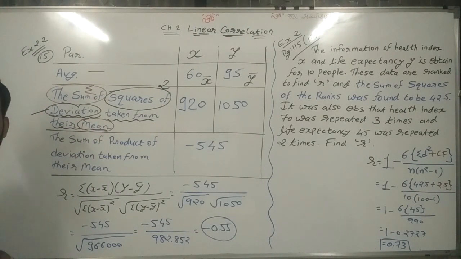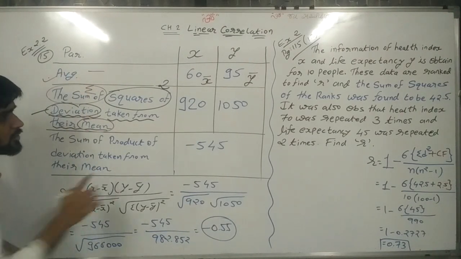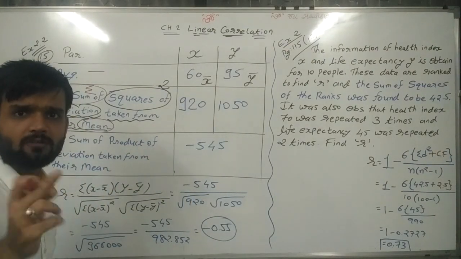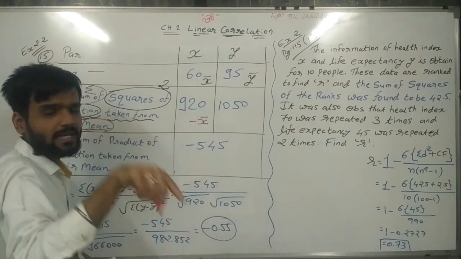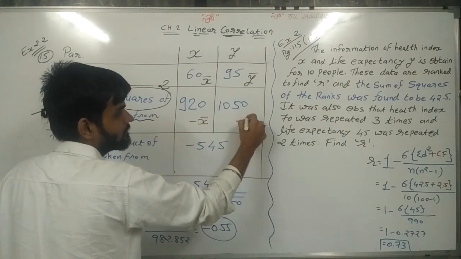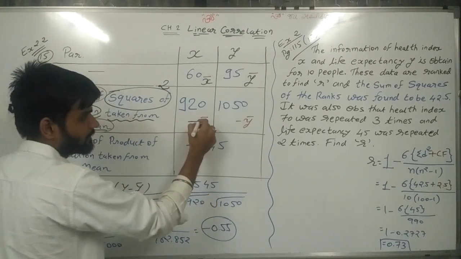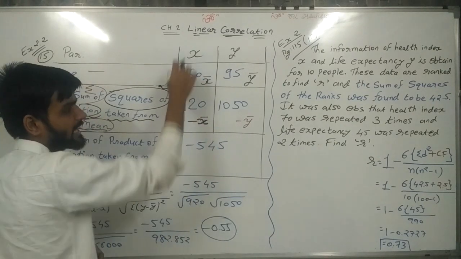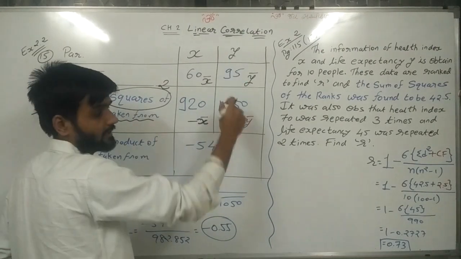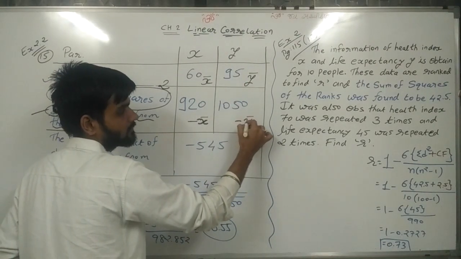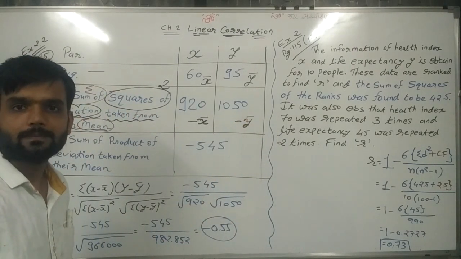Mean means average. So here 2 are given. So deviations taken from the means: deviation taken from x bar as well as deviation taken from y bar. Deviation means minus. Mean means x bar, because for x it is x bar. Deviation of y means minus, taken from the mean, that is from y bar.